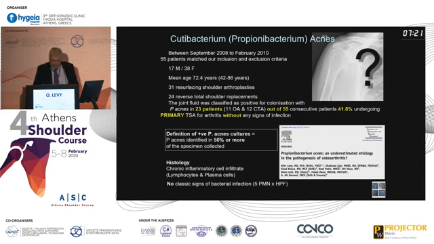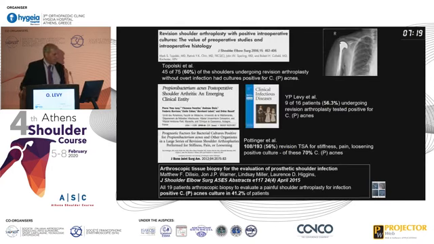Histology, again, as I said, showed more lymphocytosis and plasma cells, and not the classic 5 polymorphonuclears per high power field. And if we look at the literature, this study from Topolsky, in revision of shoulder arthroplasty with positive intraoperative cultures, they found more than 60% of the shoulders undergoing revision for sort of aseptic loosening had positive cultures for P. acnes.